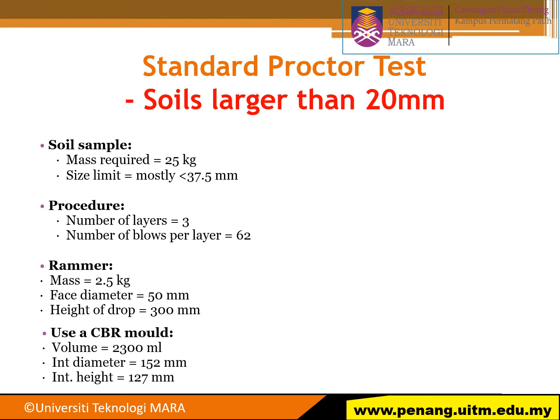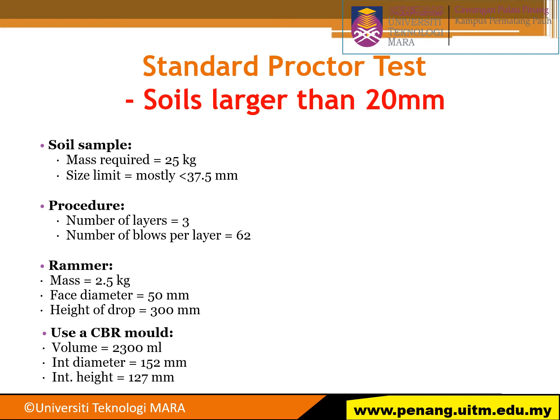Alright, this one is the standard Proctor test for soil larger than 20 mm. The soil sample mass required is 25 kg, with a size limit of mostly less than 37.5 mm. For the procedure, we use 3 layers and 62 blows per layer.